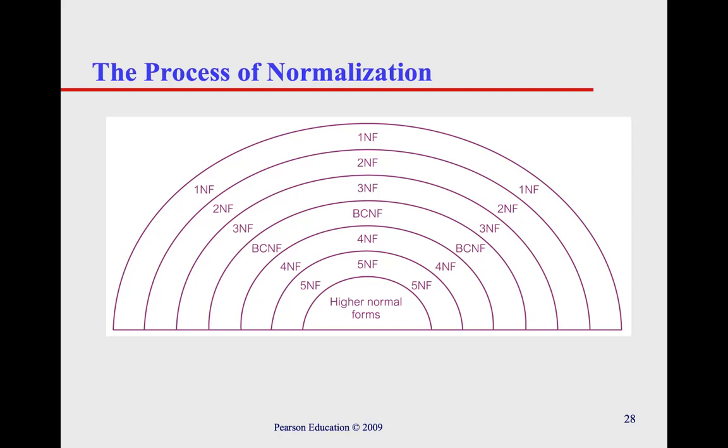In this course, we're going to stop at third normal form because it's the most widely used. I'm going to give you a brief description of what Boyce-Codd normal form is, but it's pretty unusual. In the homework assignments and tests, I'll only hold you responsible for third normal form.